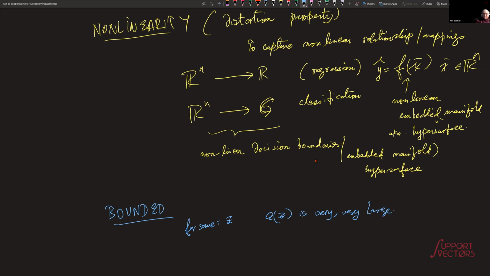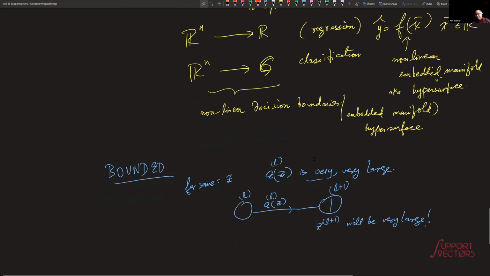Because suppose layer L is producing this activation, it is the input to the next layer L+1, isn't it? And so if this input is very large, what will the z of L+1 become? Very large. So then you have a problem.